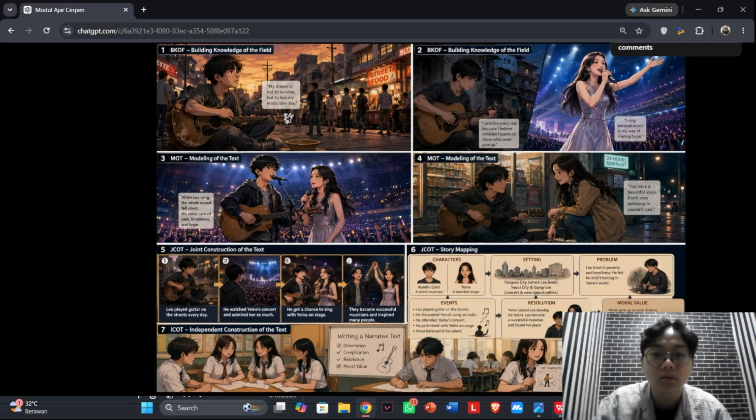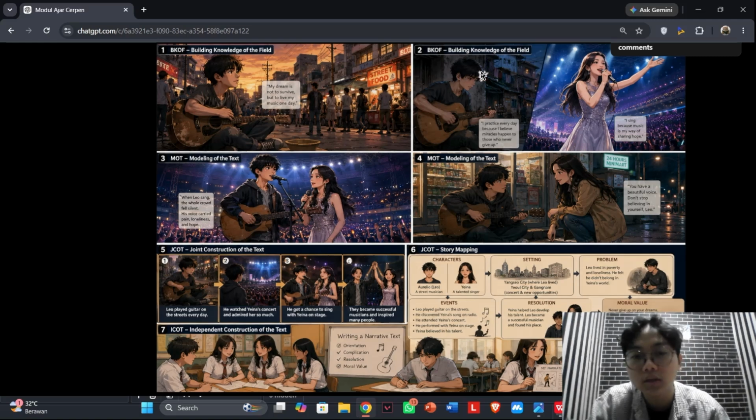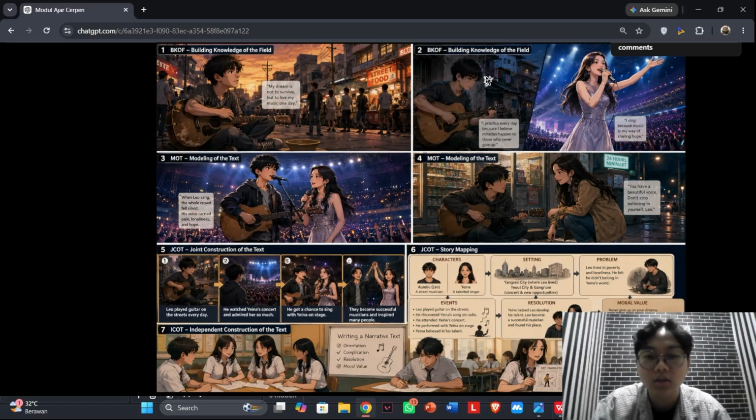It is used during the BKOF stage to encourage students to predict the story. And then scene 2: this illustration compares Leo's simple life with Yeina, who has a successful career. From that, students can observe the difference and discuss their first impression before reading.